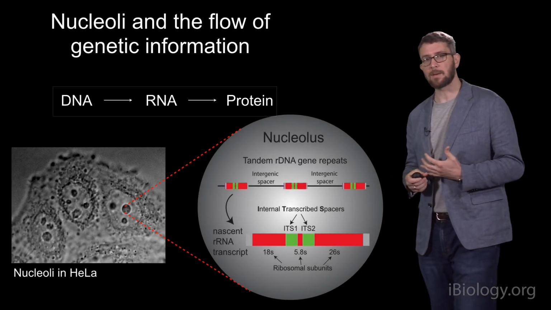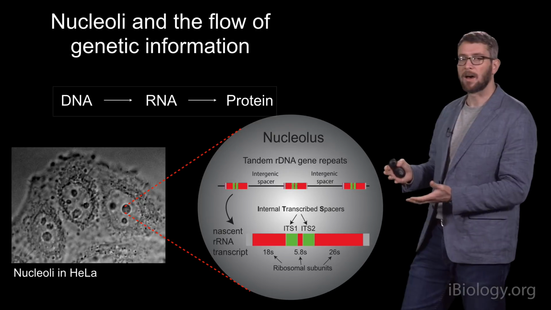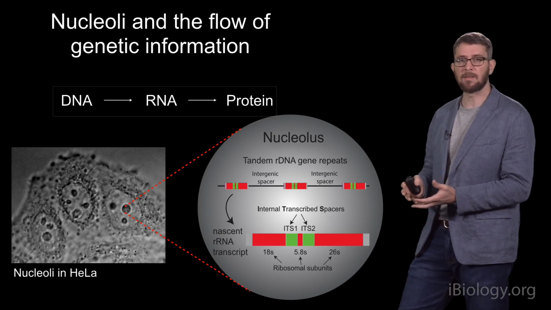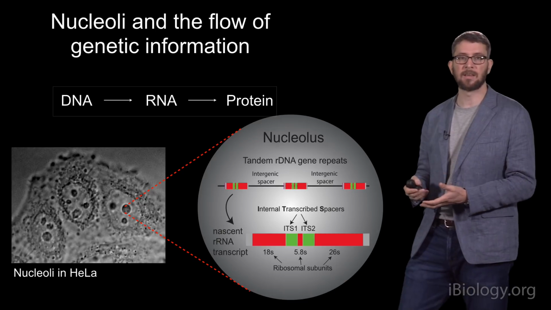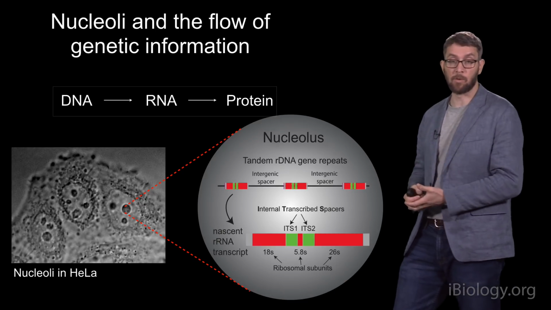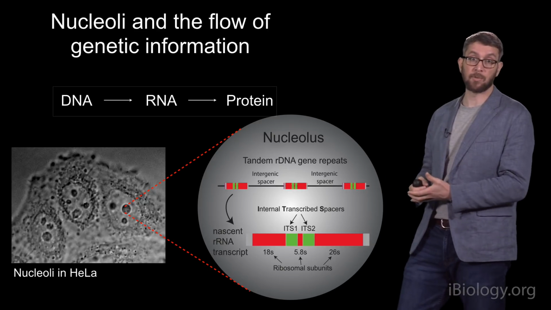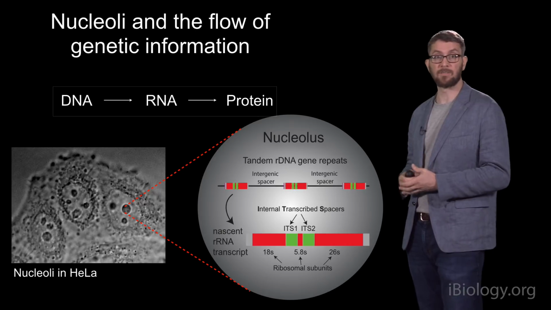And so the way we think about the nucleolus is it's this membraneless condensate that is helping to facilitate the numerous reactions that are required for processing these ribosomal RNA transcripts to ultimately form these mature pre-ribosomal particles and ultimately the ribosome, this protein translational machine.